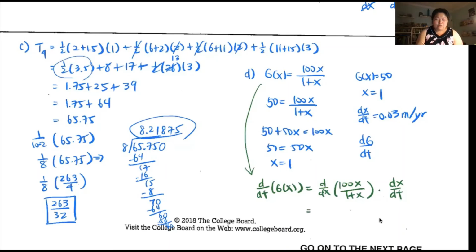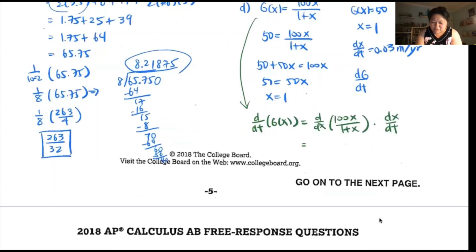All right, so 100x over 1 plus x, you want to use quotient rule. So d dx, you have low d high minus high d low over low squared, times dx dt, okay?